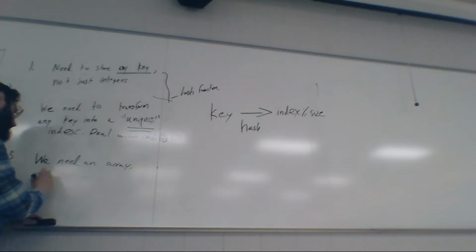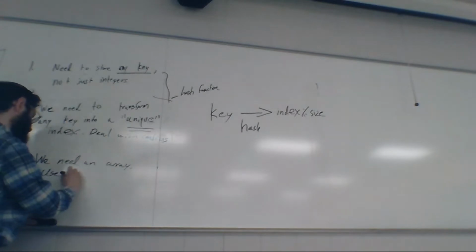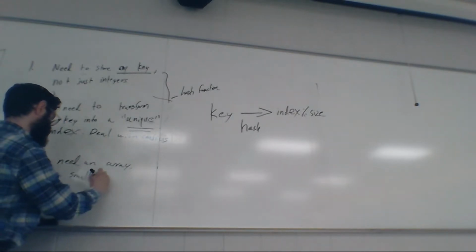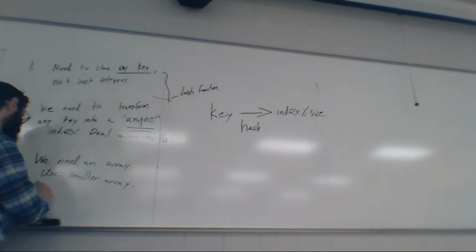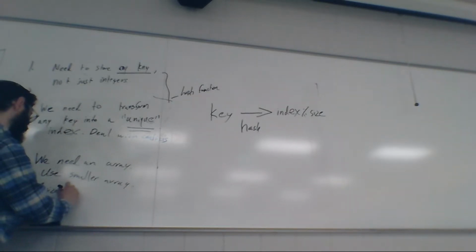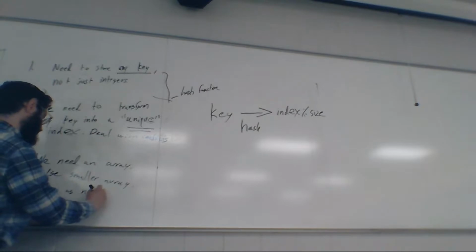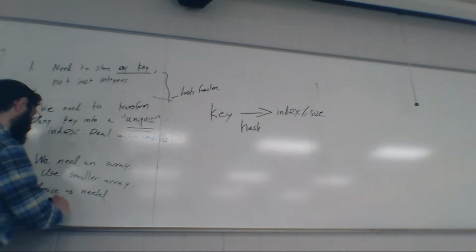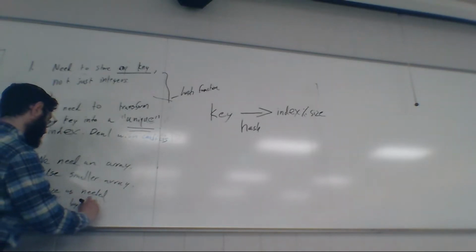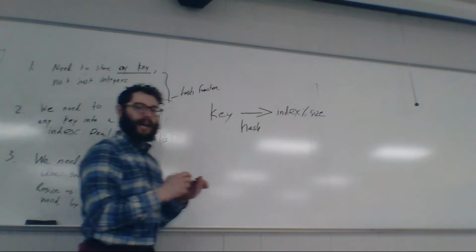So we use a small array, a smaller array, and resize as needed. Okay, use a small array, resize as needed, mod by size. And those are the ingredients to building a hash table.